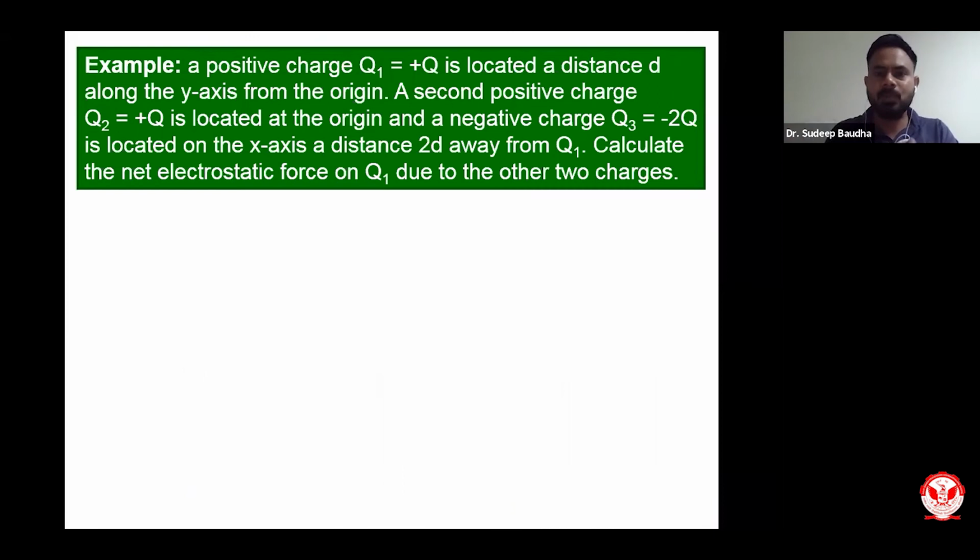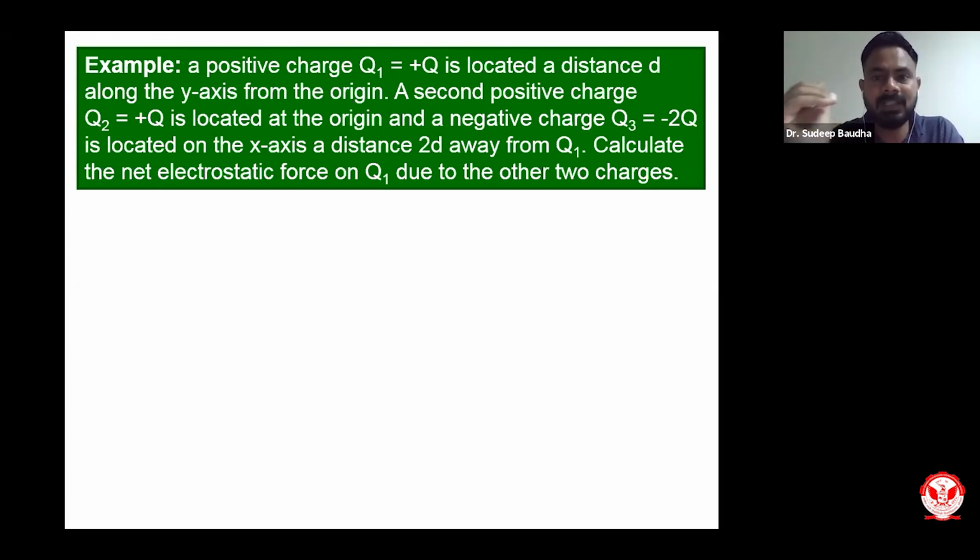So I have a quick question on the applicability of Coulomb's law. I have a positive charge Q1, that is plus Q, located at a distance d along the y-axis from the origin.